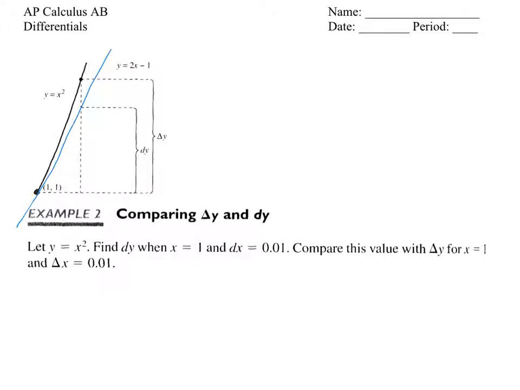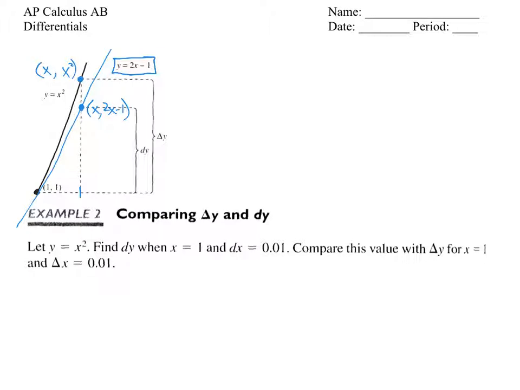And what we did yesterday is we would find the equation of that tangent line. In this case, it's y equals 2x minus 1. And then we plugged in the x value that we wanted. Okay, so we're trying to find this value, x squared, and we're approximating it by using the tangent line, so it's 2x minus 1.